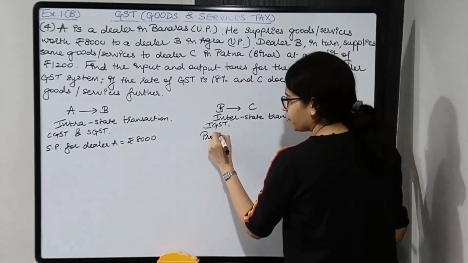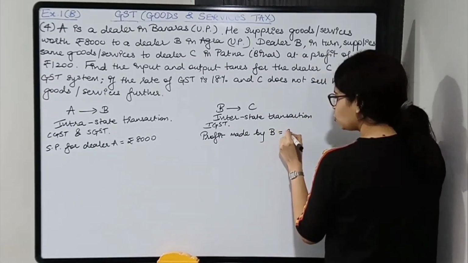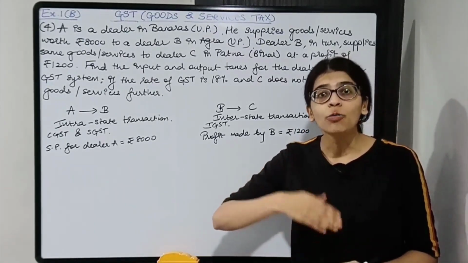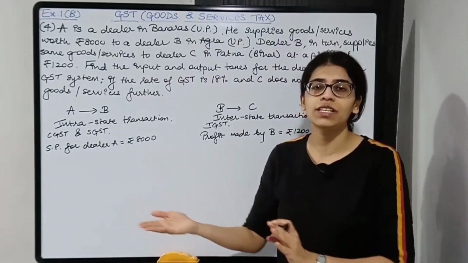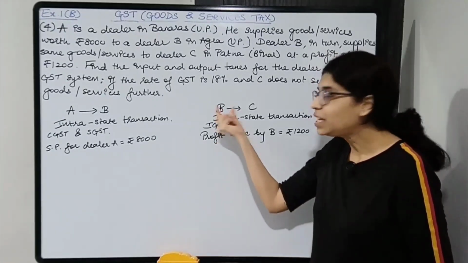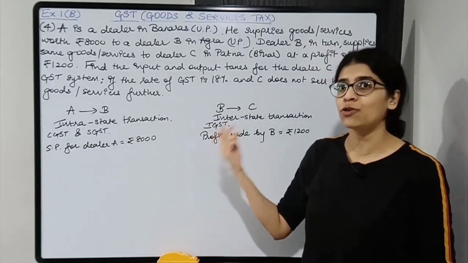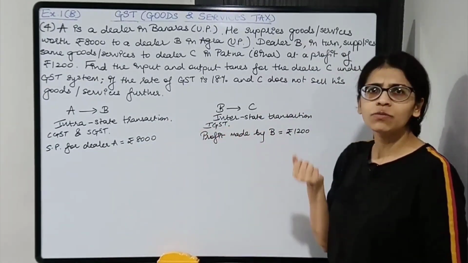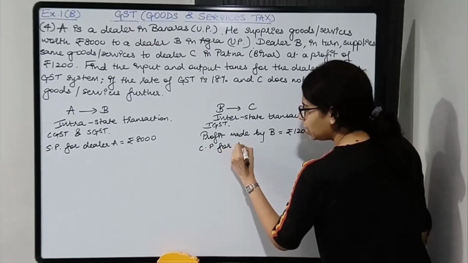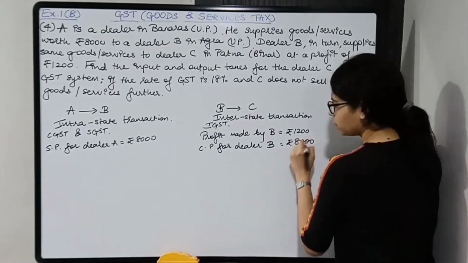Profit made by dealer B is rupees 1,200. Profit तो पता है, but for how much B is selling the goods to C? Selling price तो पता होना चाहिए. For that we know that B bought the goods for rupees 8,000. A ने B को sell किया the goods for rupees 8,000. So B ने 8,000 में buy किया है. So cost price for dealer B is rupees 8,000.